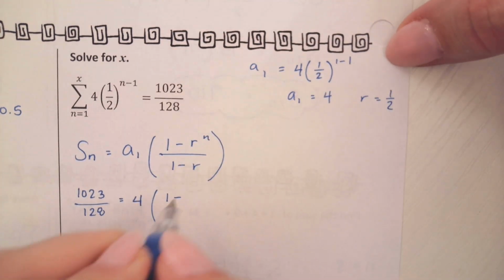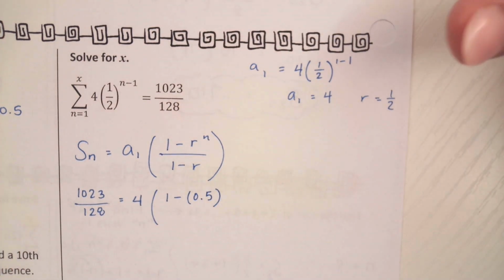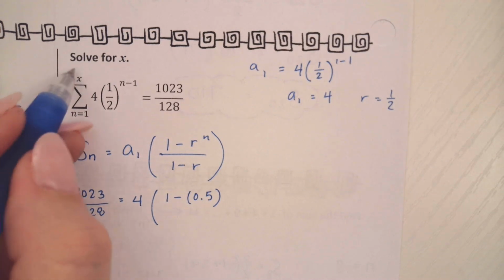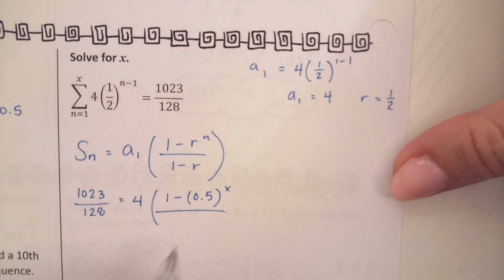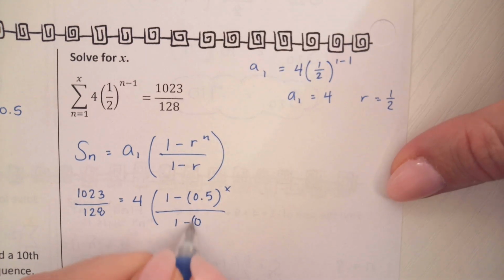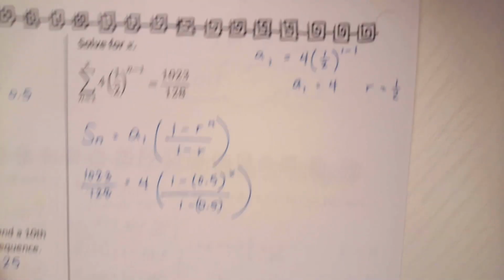I'm going to write mine as a decimal, though, to the power of x, yeah, because our n is our x, over 1 minus our common ratio, 1 minus 0.5. Ooh, this one does not look fun to solve.